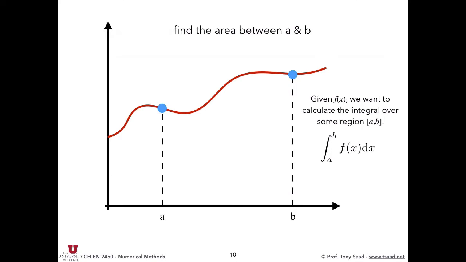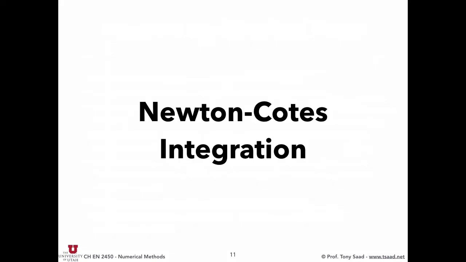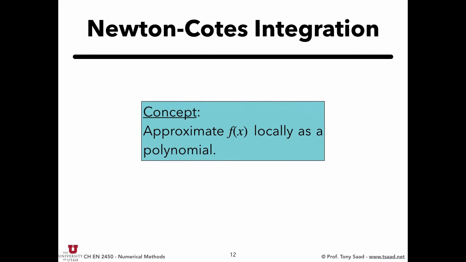One of the most popular methods, and the one that we will focus on, is called Newton-Cotes integration formulas. The idea is simple: given a complex function f of x, assuming we don't know how to integrate that analytically, the idea behind Newton-Cotes integration is to approximate f of x locally as a polynomial, and then integrate the polynomial analytically.